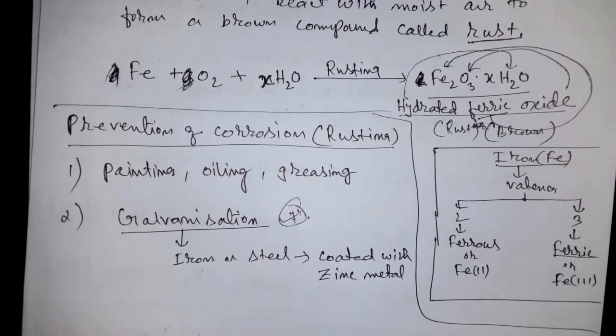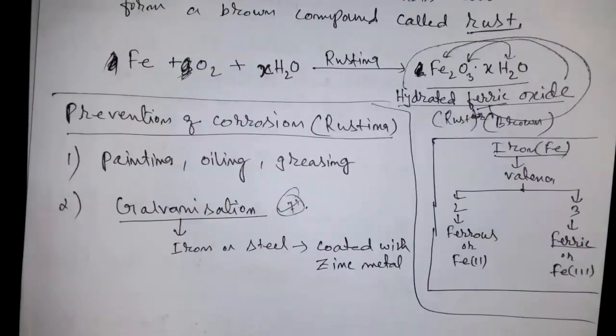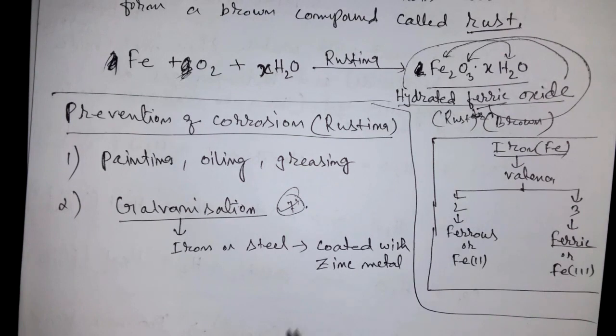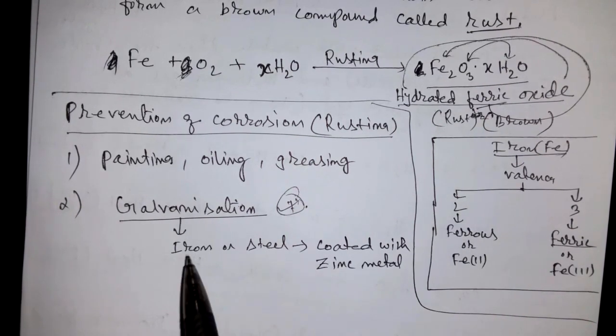Okay, but again, generally whenever we are putting a covering of a second metal, the second metal should be less reactive so that the cover metal does not undergo corrosion, so that the inside metal is protected. But here it is a little reverse. Here zinc is more reactive than iron.